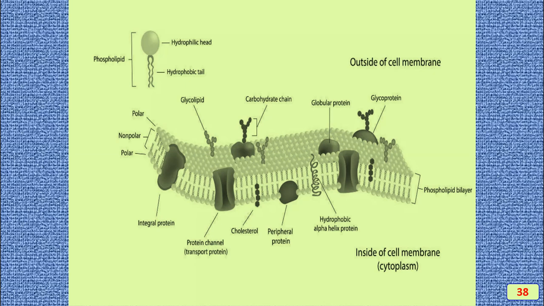Most of the cells contain a hydrophobic alpha helix. Then protein channels are there, which are required for carrying amino acids inside the cell to form protein. The phospholipids, which are the building blocks of the cell, contain a hydrophilic head, whereas the hydrophobic tail is also present.